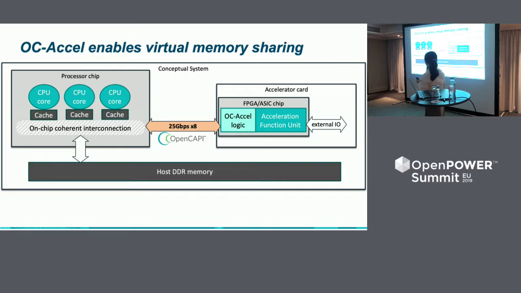So both the blue blocks, no matter CPU core or acceleration unit, can use the virtual address, I mean the 64 bits of virtual address, to access the host memory. And also the cache. That's why it is called cache coherence, because it is a cache L1, L2, L3 plus the external DDR memory interface. It is a memory subsystem.